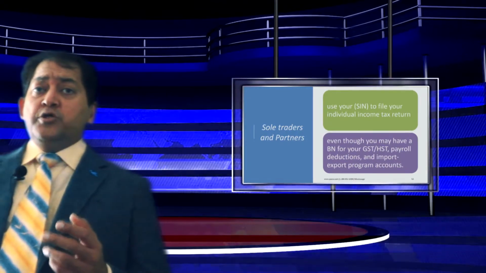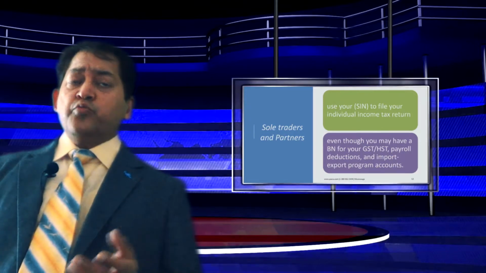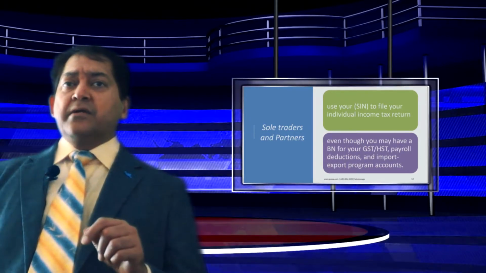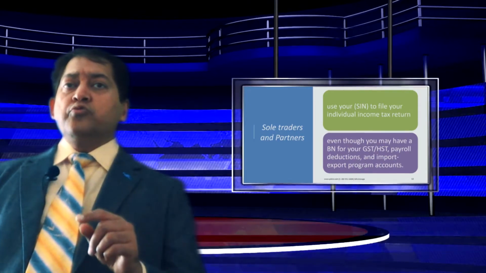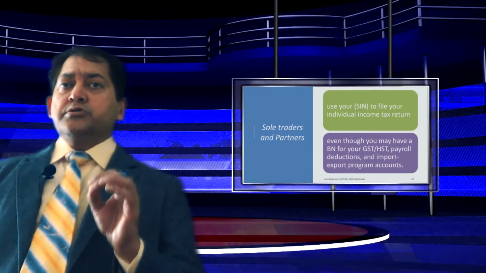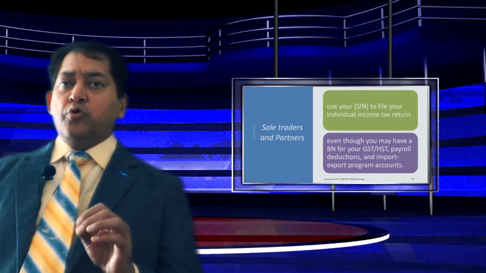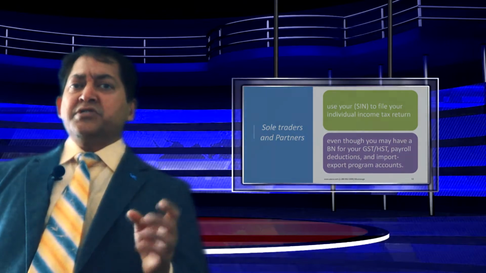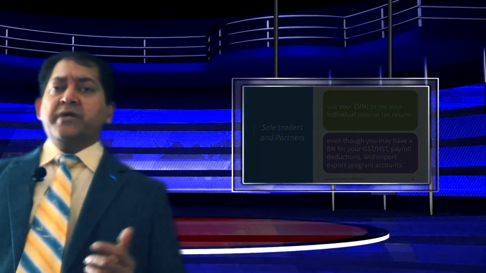So you may have a business number for your business working as a sole trader or a partner, but when you file your personal income tax return, you use your social insurance number, and you may have a business number for your GST, HST, payroll deductions, import export programs, etc.